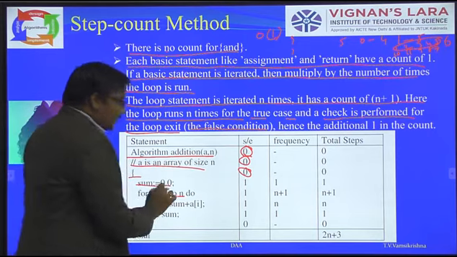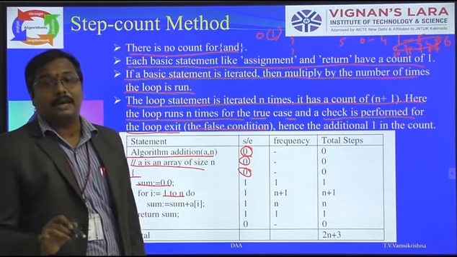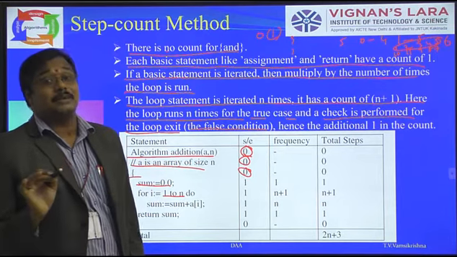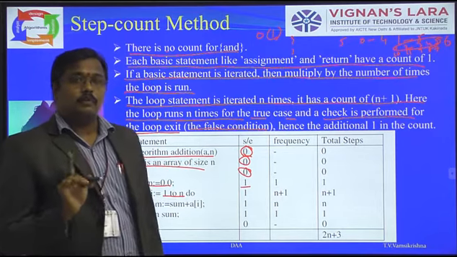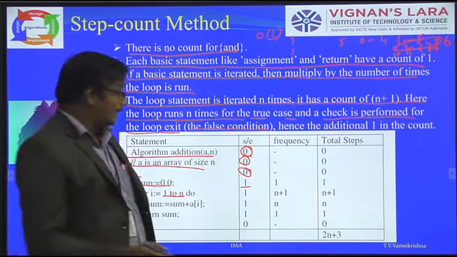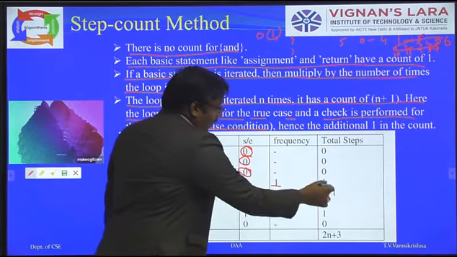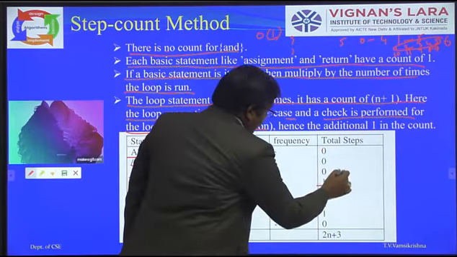Next, sum equal to 0.0 is considered a program step. Why? Because here an assignment statement is there, and for an assignment statement the step count is 1. How many times is it initialized? Only 1 time. That is called the frequency. So 1 into 1 is 1.